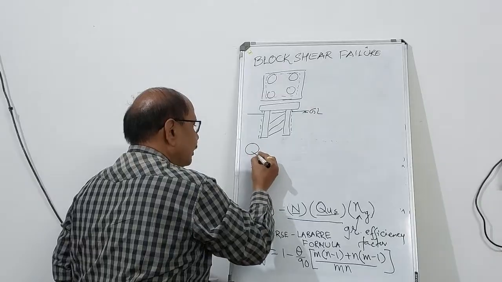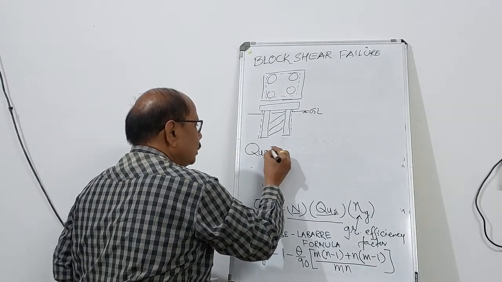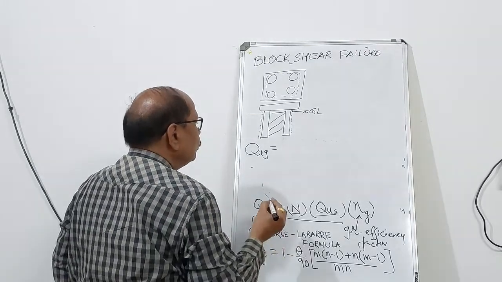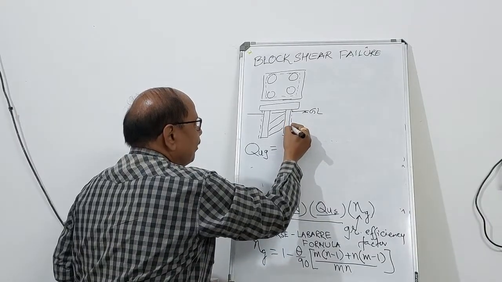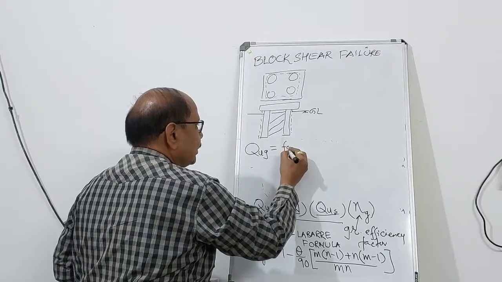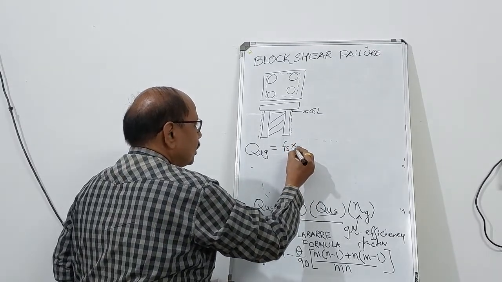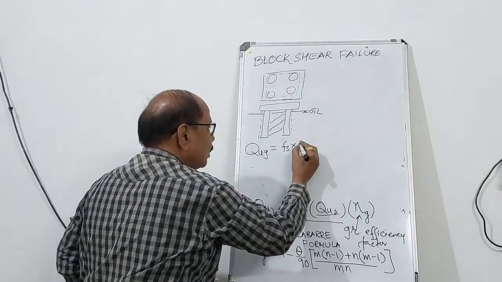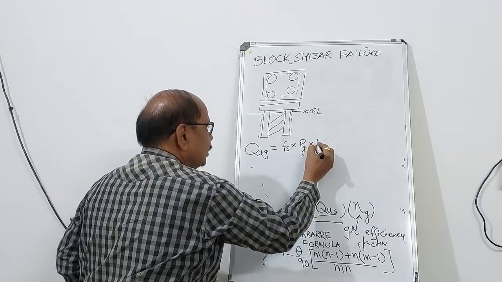Then how will you find out the ultimate load carrying capacity of this group? QUG will be equal to the unit skin friction that is going to develop on the periphery. So unit skin friction multiplied by the perimeter of the group, because it is going to develop on the perimeter, on the periphery, into the length of the pile.